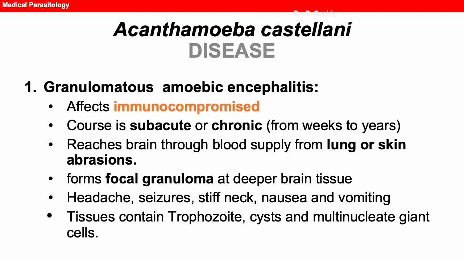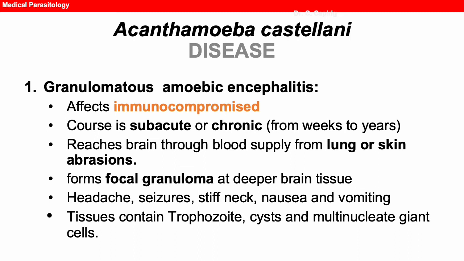You have two different types of clinical entity that are caused by Acanthamoeba castellani. The first one is granulomatous amoebic encephalitis, which affects immunocompromised individuals. Now, what makes it different from Naegleria fowleri? In Naegleria fowleri, even if you have a good immune system, even if you are not immunocompromised, meaning you are immunocompetent, you are still at risk of developing meningoencephalitis.